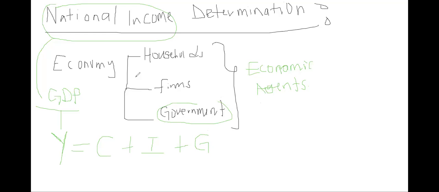Sometimes the economy also interacts with the rest of the world, so we also have export and import. The X is the export and the M is the import. So plus export minus import. The national income of a country, the total income that a country earns, is used for consumption.